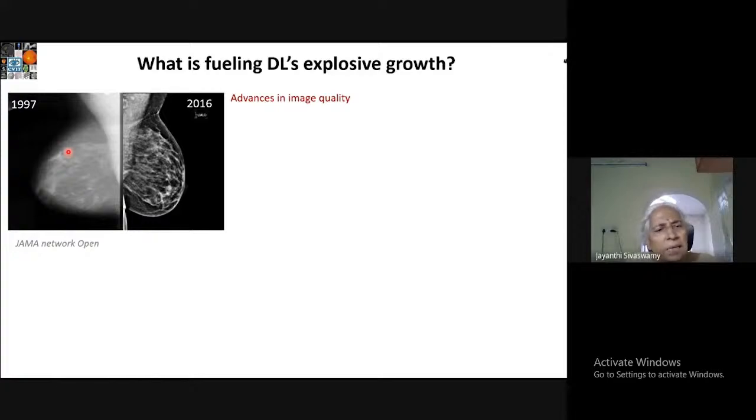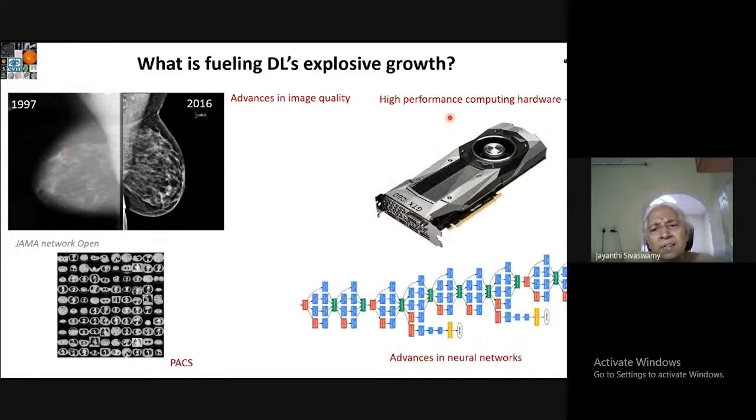So we have a huge collection of such images, and that also helps. The third ingredient in this explosive growth is high performance computing hardware, namely the GPU. NVIDIA's stock value really shot up, not only because of gaming, but also because of deep learning and the NN renaissance.